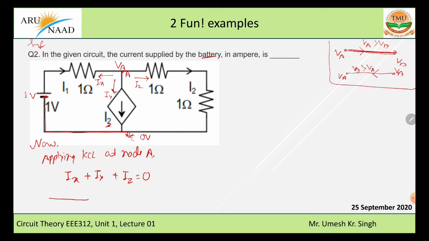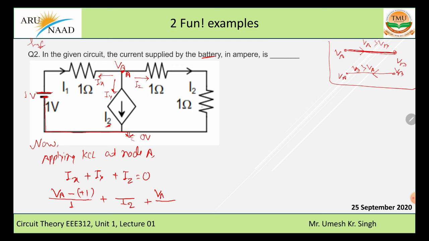Now in this case the current is flowing from VA to the 1 volt source. It means that VA is at higher potential, and current flows due to the potential difference. So VA minus, now this terminal is positive, so we write plus 1, divided by 1 ohm, plus Iy, which is already given as I2, plus Iz.